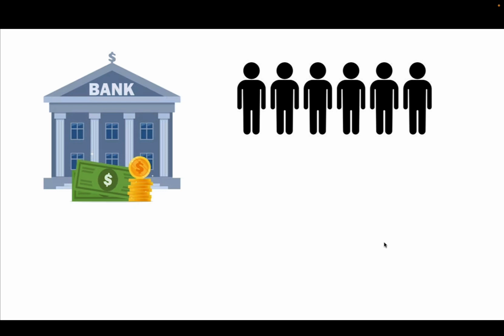And what are some things that each customer has in common? Well, each account will have a name, the person who owns the account, a balance, and a list of transactions. So when you get your bank statement, you usually will have like a transaction ID number and an amount. If it's positive, it was a deposit, and if it's negative, it's a withdrawal.